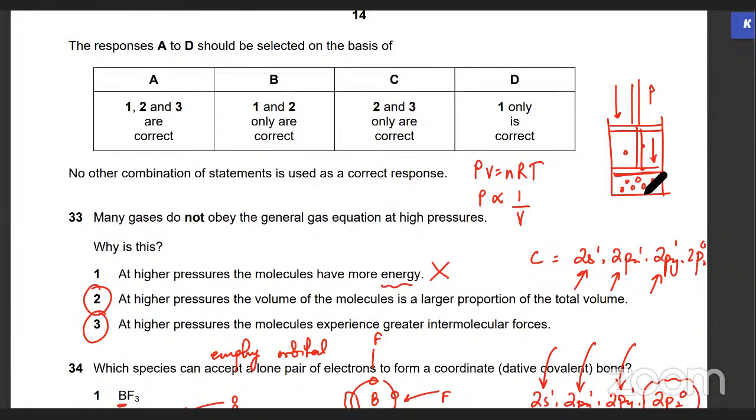That's why molecules get liquefied at high pressures: you bring them so close to each other that the forces of attraction start, and they stick to each other. They will turn into liquid, or they will solidify. So that's also true, and only the first one is not true. The reason the third one is true is that it will stop behaving as a gas altogether, so it will not obey the general gas equation.